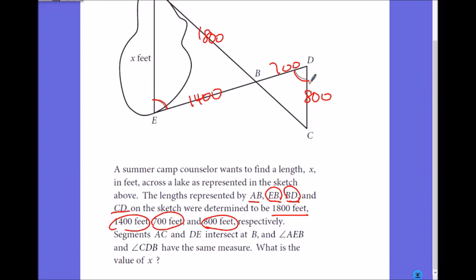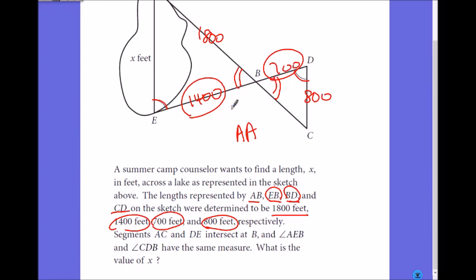So what's the value of x? Here, these are equal by vertical angles, right? Vertical angles are congruent. So by angle, you know these two triangles are similar, meaning the sides are proportional, angles are congruent, right? So let's go ahead and find the ratio. It's 1400 versus 700, between these two angles.